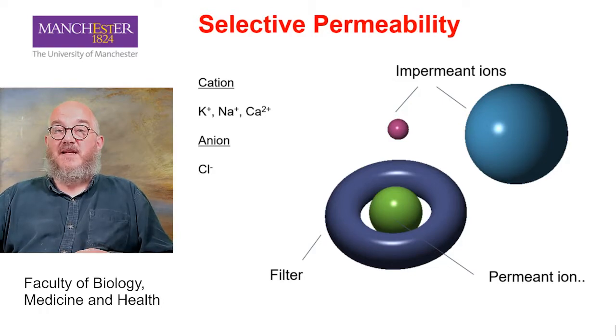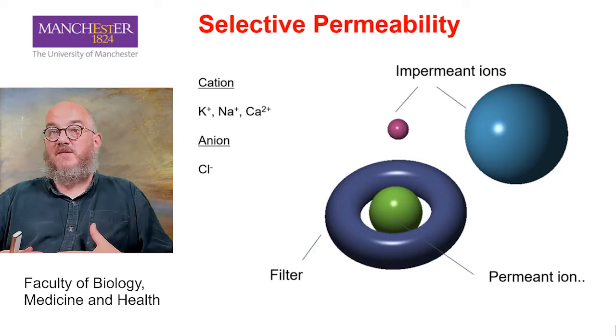The job of the selectivity filter is to allow through ions that are the right size and have the right charge. So the filter needs to be able to distinguish between ions. Now, if we conceive our filter as being a sort of donut-shaped structure, it's relatively easy to see how it could distinguish on the basis of size. An ion that's too big simply won't be able to go through the center of the donut.